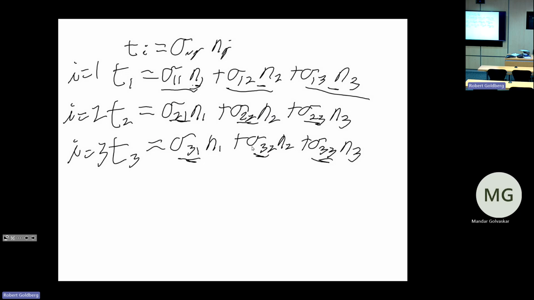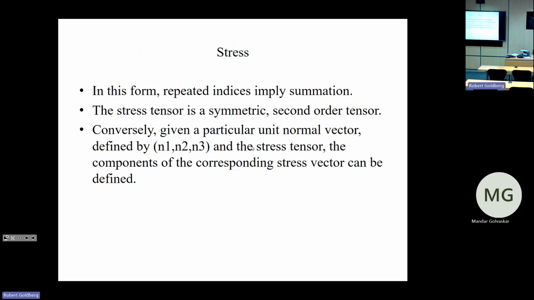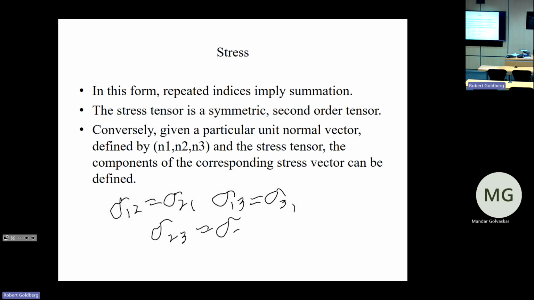So what's important there is to realize from a mechanics point of view that sigma 1,2 is equal to sigma 2,1, sigma 1,3 is equal to sigma 3,1, and sigma 2,3 is equal to sigma 3,2. So even though they're different components, by the laws of mechanics, they have to be equal to each other.